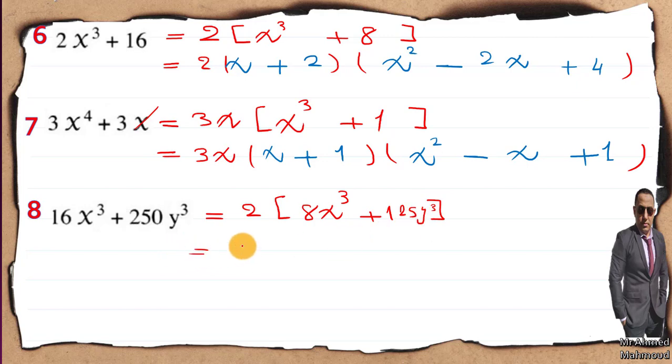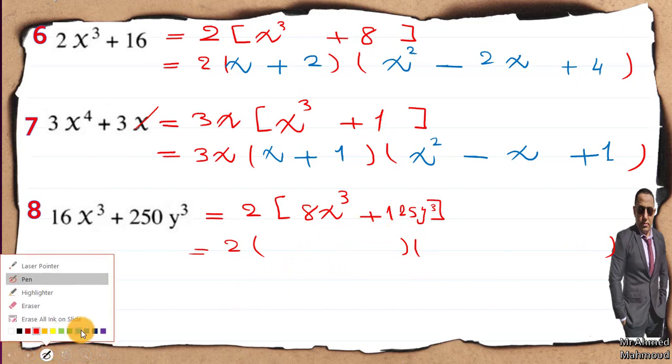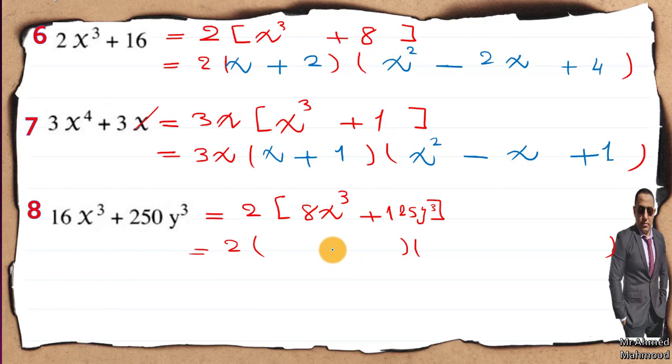And then I have x power of 3, y power of 3. So these are cubes. So I'm going to write 2 and open a small bracket and a big bracket. The sign here is positive in the first bracket like the original sign, and here it's opposite, and here plus. Cubic root of 8x power of 3 equals 2x.